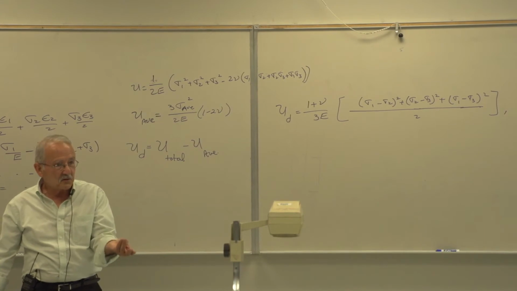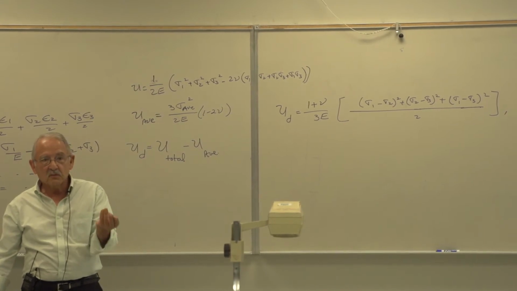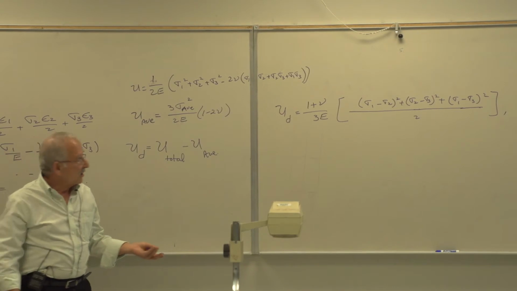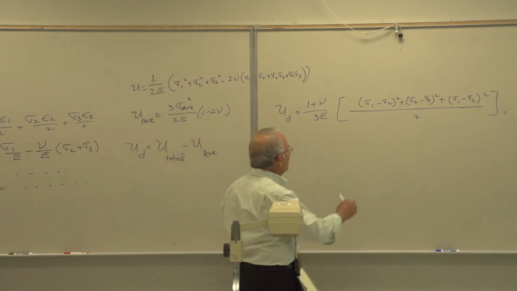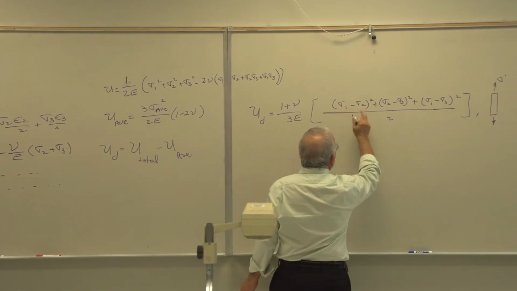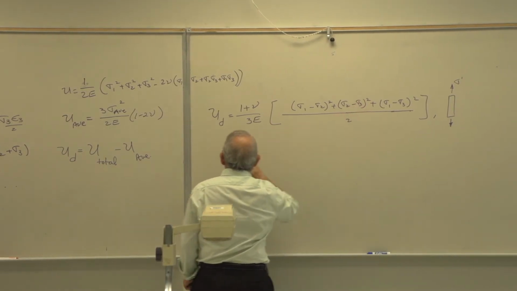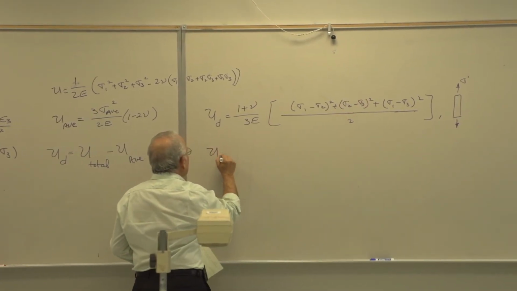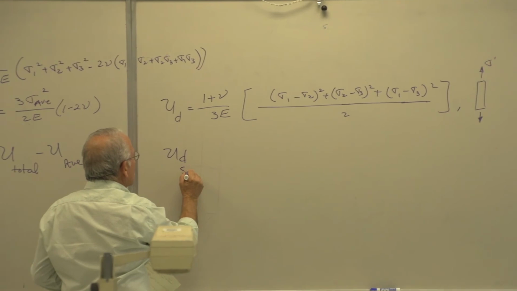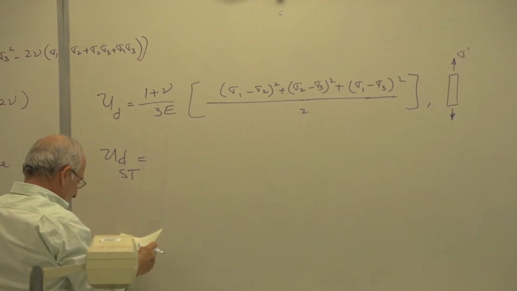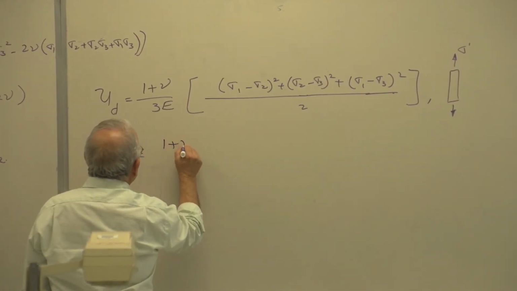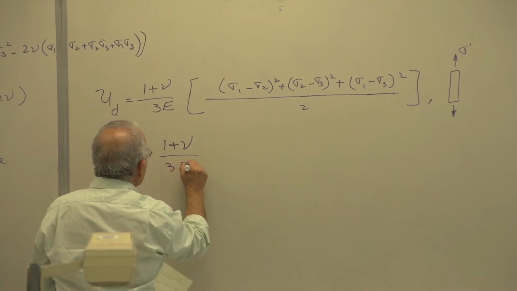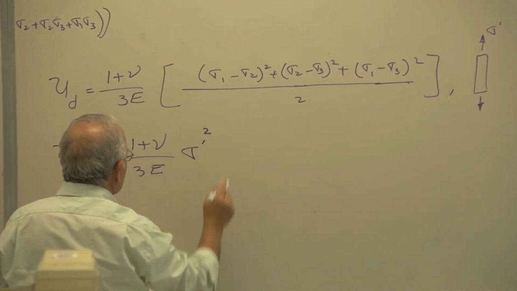The three principal stresses are sigma prime, 0, and 0. So all I need to do is just substitute sigma prime, let's say for sigma 1, 0 for sigma 2 and sigma 3, and U_D simple tension will be equal to (1 plus nu) over 3E times sigma prime squared.